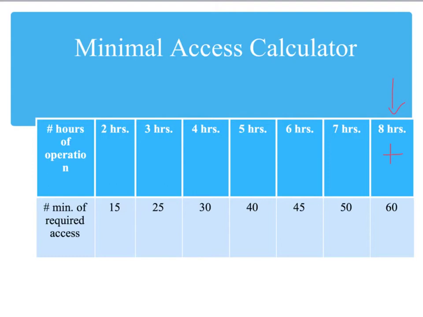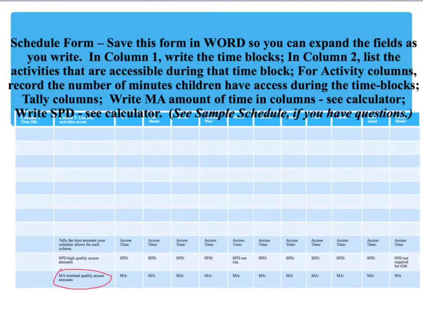So 8 hours, 10 hours, 12 hours, 14 hours, anything from 8 on is going to require 60 minutes of minimal access. And so when you go back to your schedule form, you'll be able to fill in that row as well, and that's on the next slide.